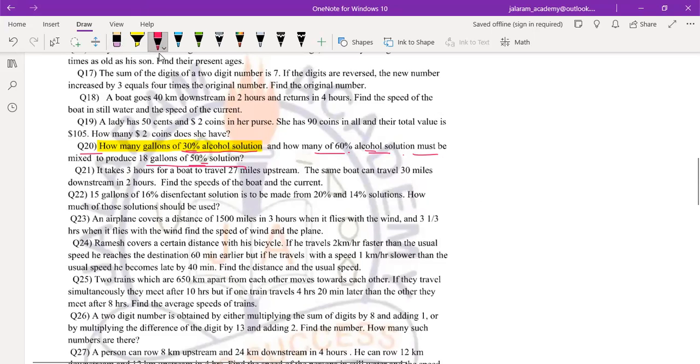Okay. So in these types of questions, two types of solutions are added, and we have to find how many gallons of each must be added. So first we assume X liters of first type solution, that is 30% alcohol solution, is added to Y liters of second type of solution, that is 60% alcohol solution. First of all, we assume, in question number 20, that X gallons, it is given in gallons.